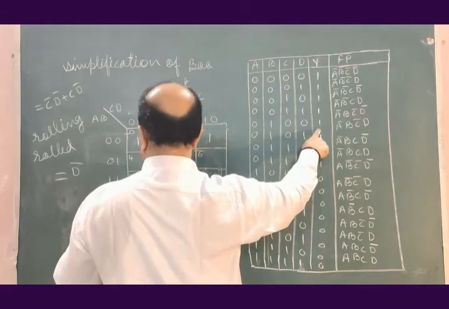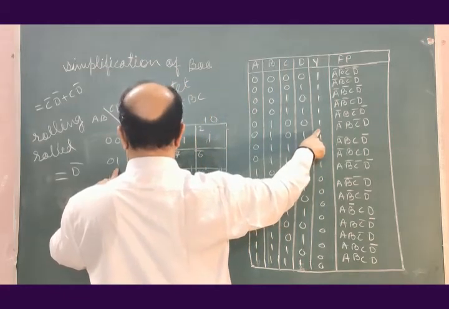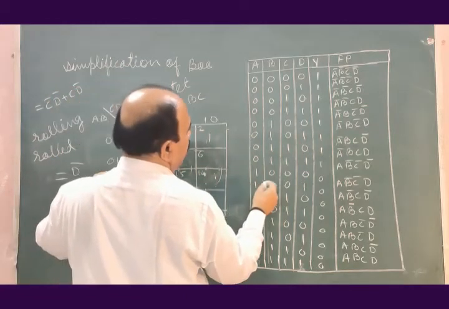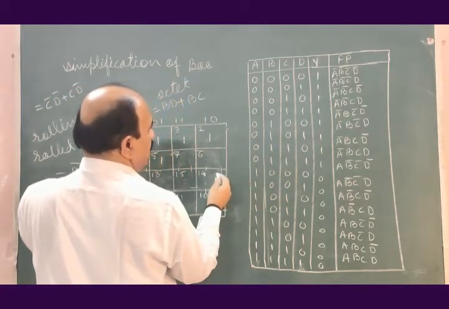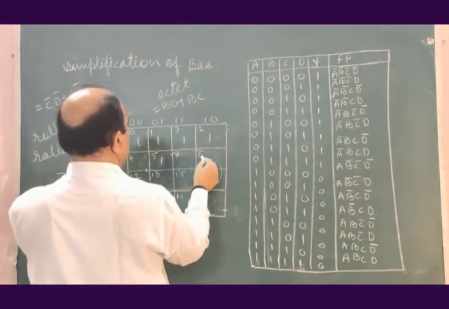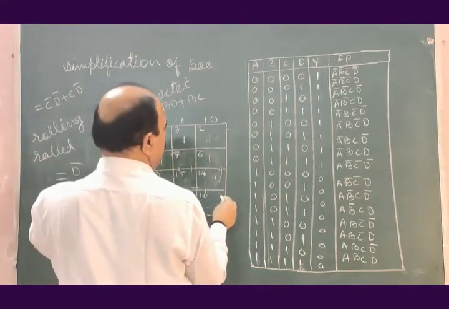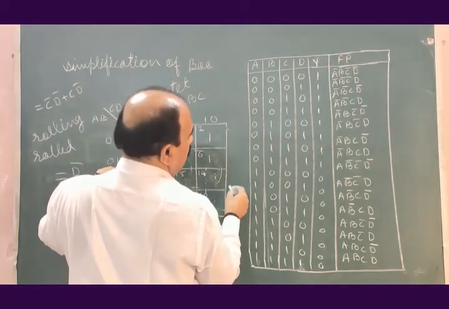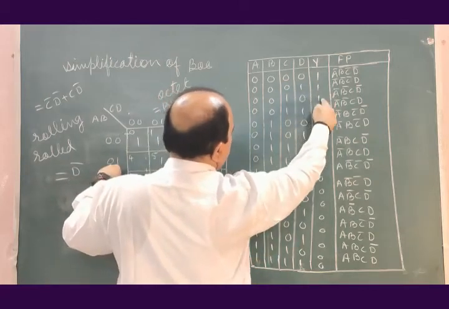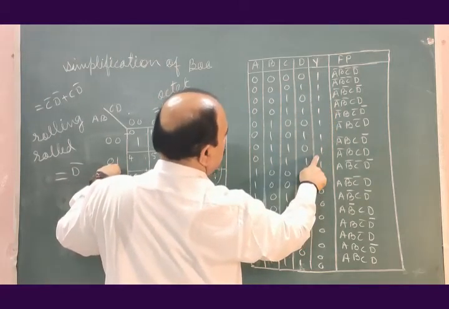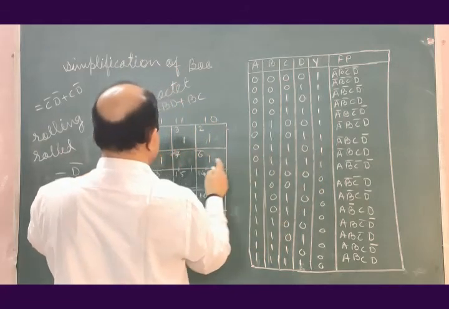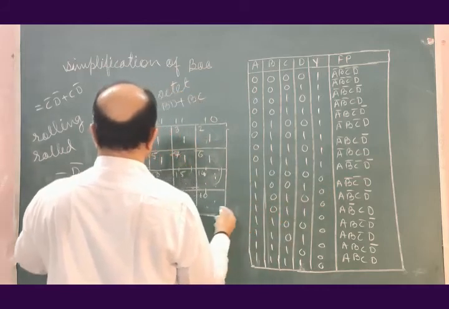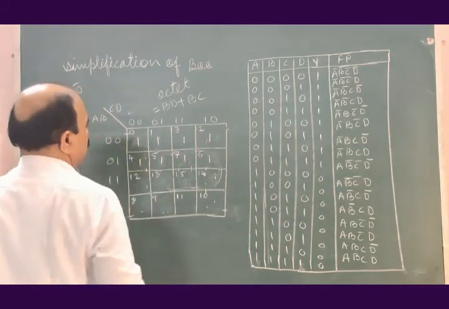A bar, B, C bar, D here. Then A bar, B, C, D bar here. Okay, then 1, 2, 3, 4, 5, 6, 7th one. A bar, B, C, D here. One more left. 1, 0, 0 here.